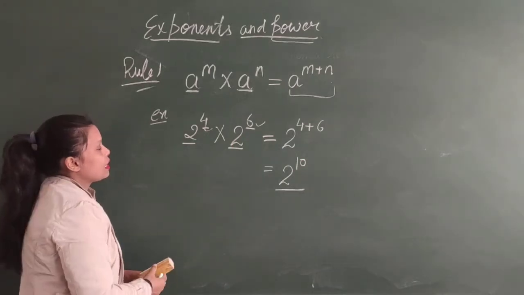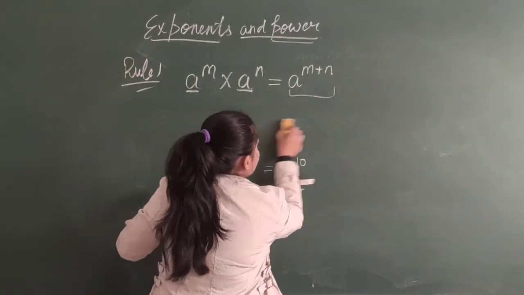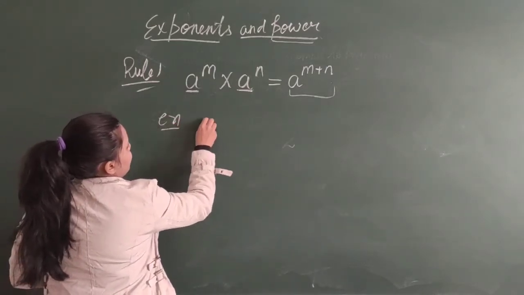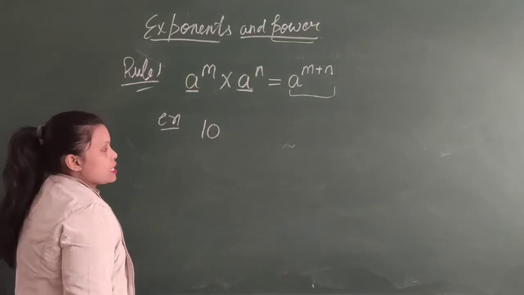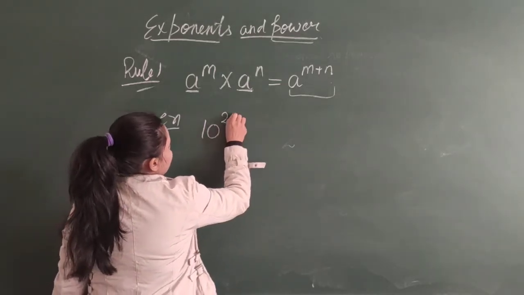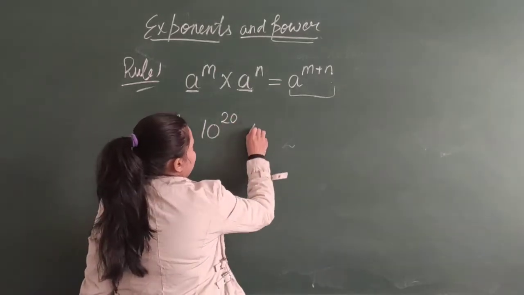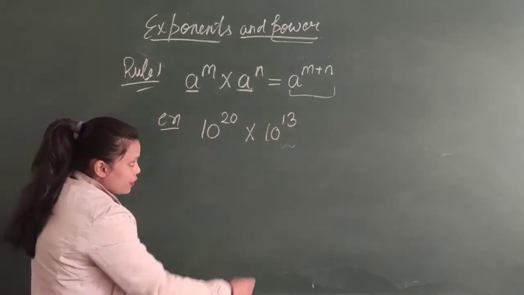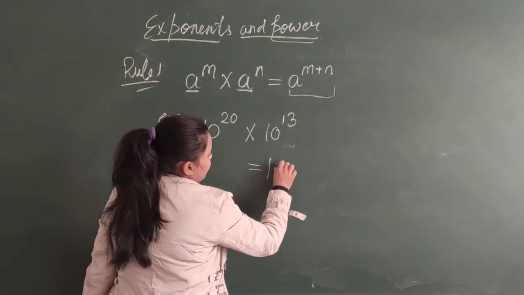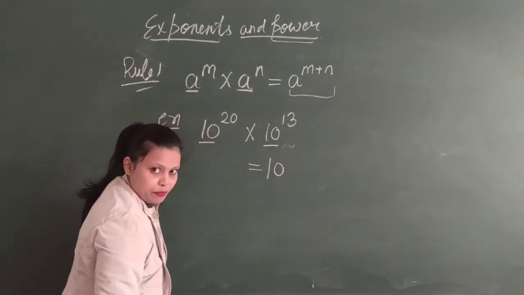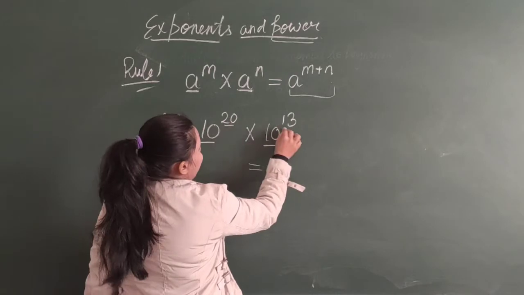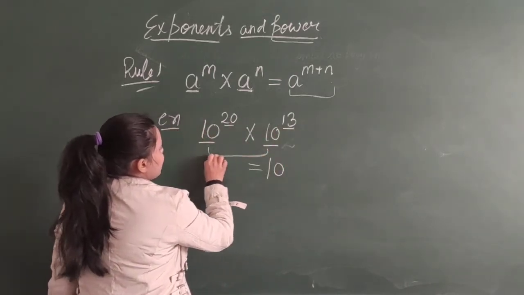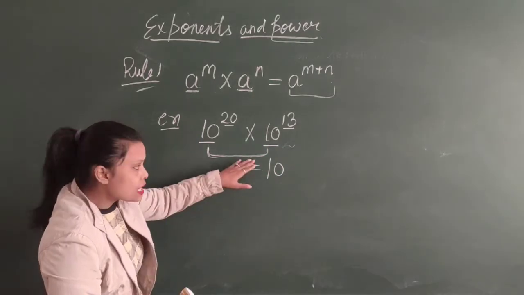Let's take another example. It is given 10 raised to power 20 multiply 10 raised to power 13. It will give you 10 because the base is the same, and the powers are different, and these quantities are getting multiplied.